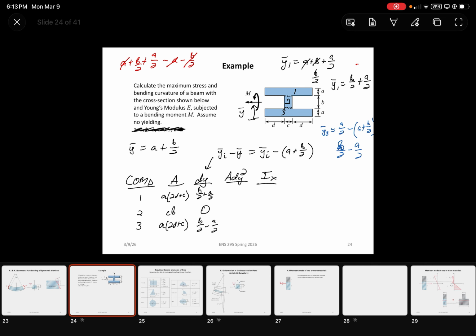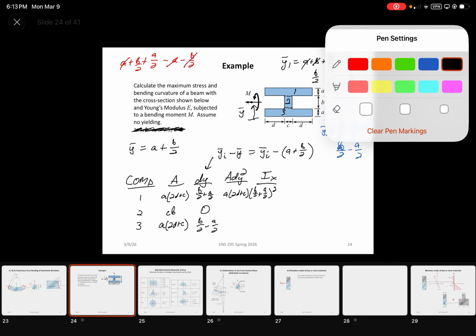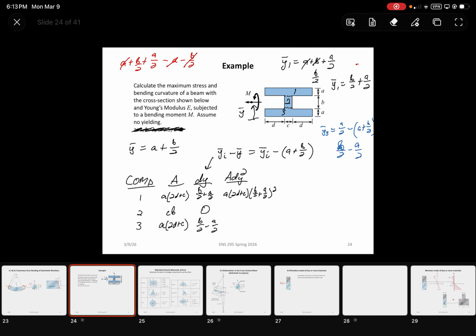All right. You would just carry out the multiplication, which should give you, I want to say, oh gosh. All right. a times 2d plus c times b over 2 plus a over 2 squared. Let me erase all of this. Then this is going to be a times 2d plus c times b over 2 minus a over 2 squared, 0.